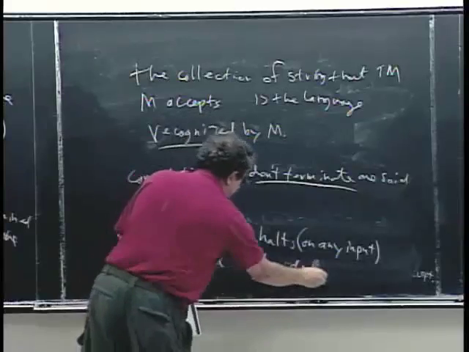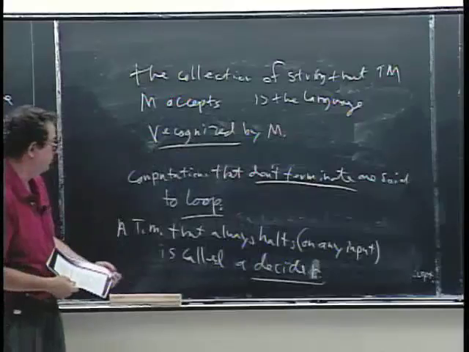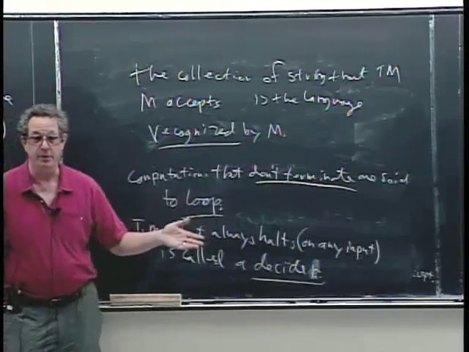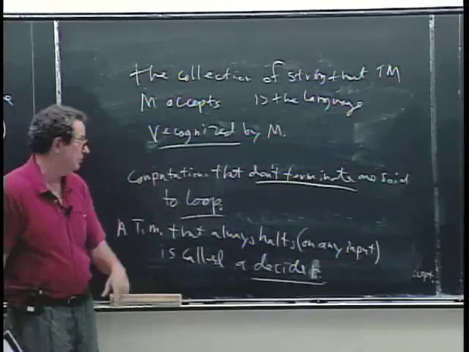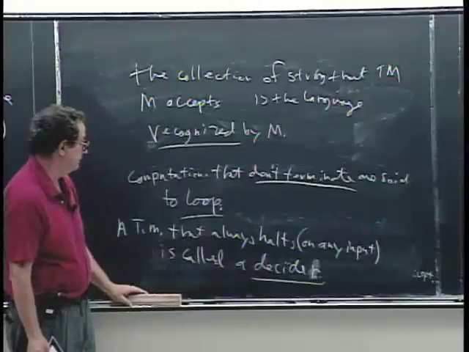So that's a special word we use to represent a Turing machine which on its inputs always ends up rejecting or accepting. It never has this behavior that it doesn't terminate.